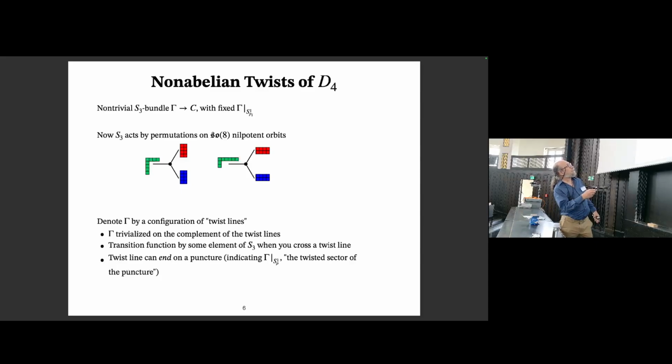Incorporating the bundle, the restriction of the bundle to a little circle surrounding the punctures means that a twist line can end on a puncture, and the bundle restricted to that circle is the twisted sector in which that puncture lives.